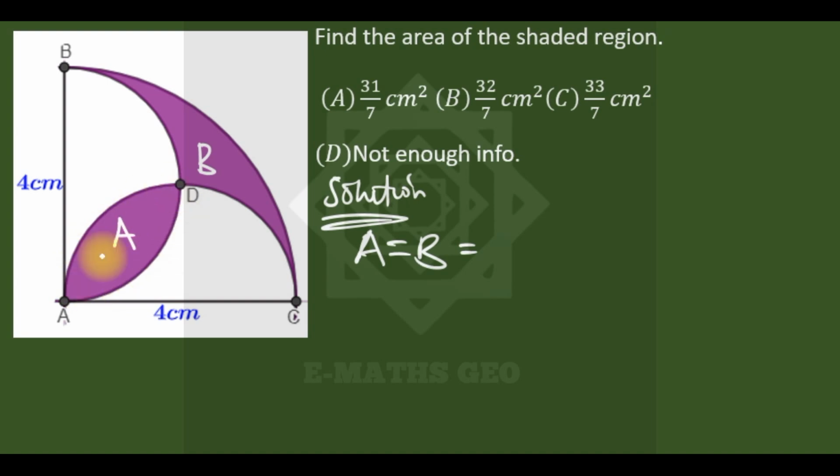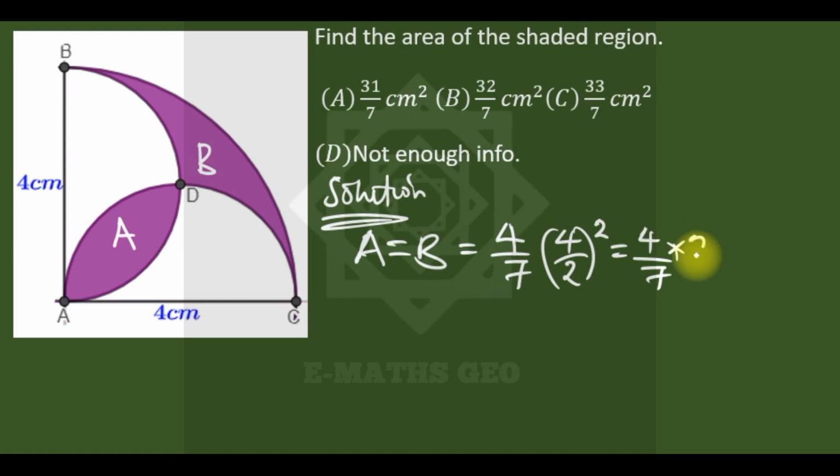So this area and this area are equal, and both are equal to 4/7 times the square of half of the length here, that is (4/2) squared. So we have 4/7 times 2 squared, which is 16/7.